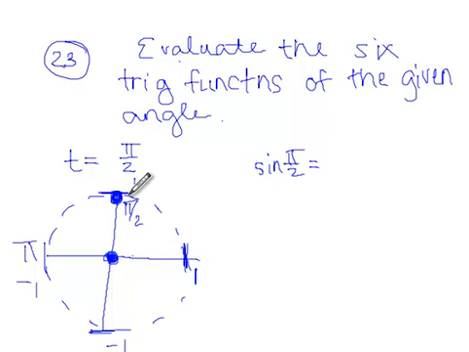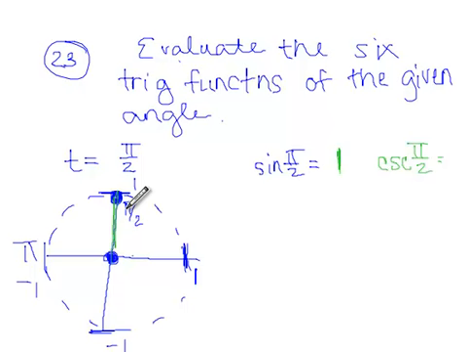However, this isn't a triangle, so we have to also keep in mind that, as well as sine being opposite over hypotenuse, it's also just the vertical movement. So the vertical movement to get to this point, or in other words, the y value to get to that point, would be just 1. Okay, and we also have the reciprocal functions, which the brother of sine is going to be cosecant.